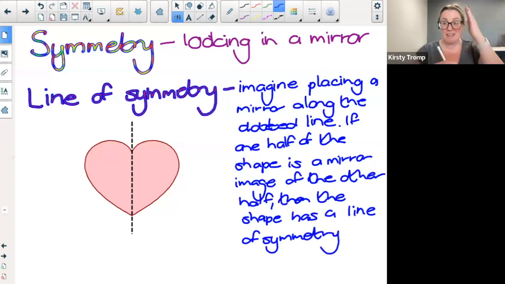So if when I have my mirror there, it's exactly the same, and when I fold it over, it's exactly the same, and if I put a mirror on it, it's exactly the same, it means, yes, we have a line of symmetry.